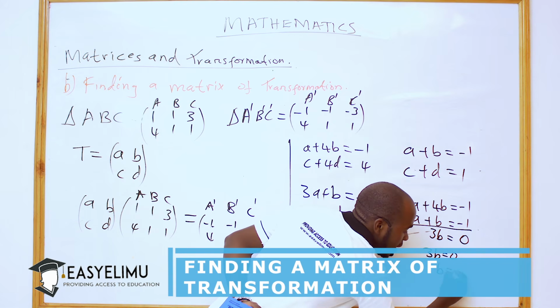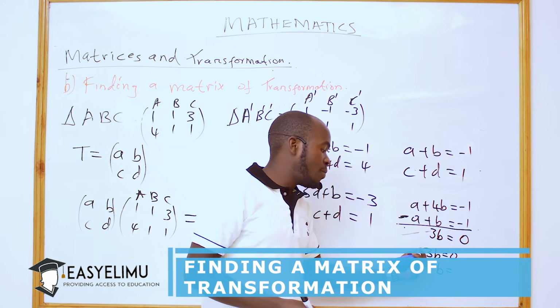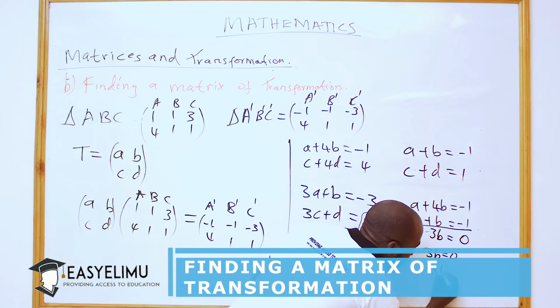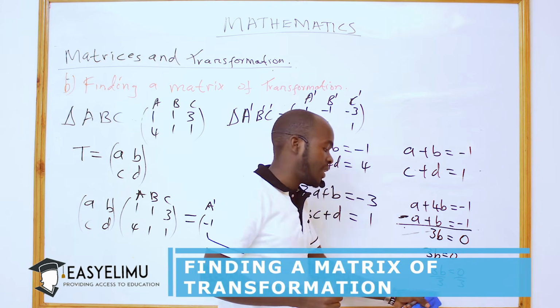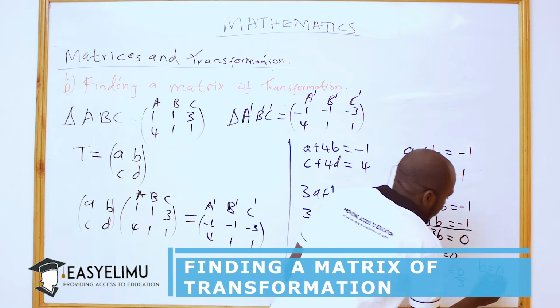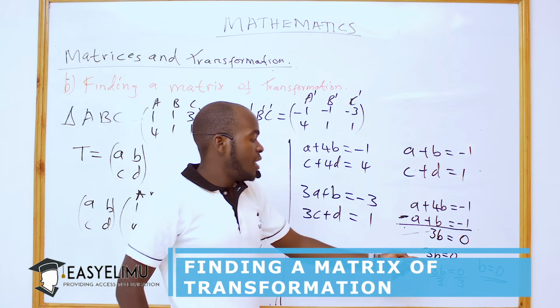Now 3B equals 0, so dividing both sides by 3, the value of B is 0.